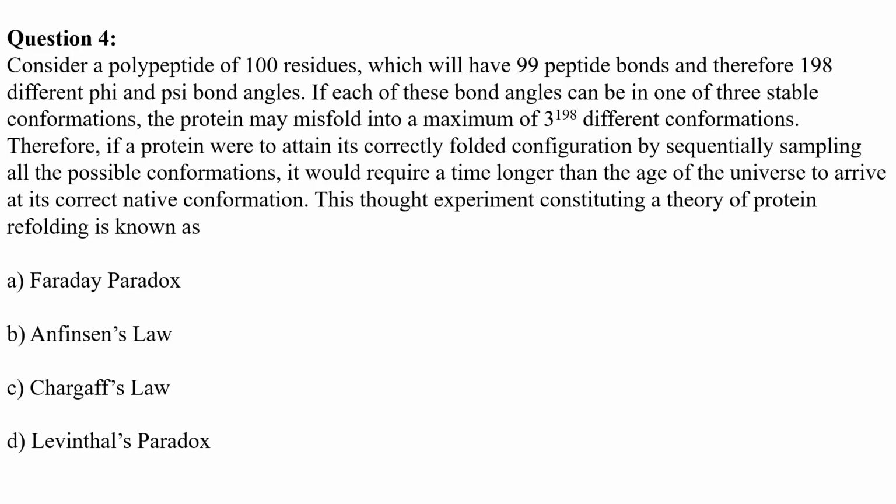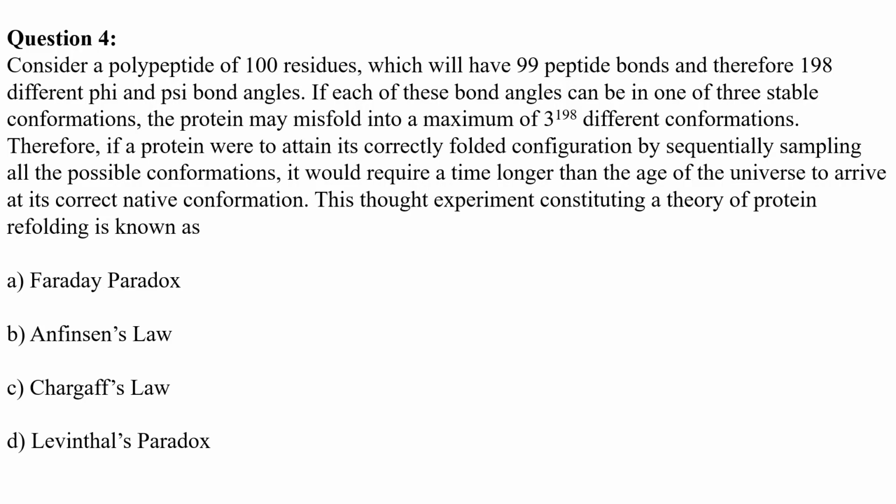If that was the case, the protein would have taken a time longer than the age of the universe to fold, because if each bond angle has to undergo 3 different conformations to see which one is the most stable one, it will have to go through all the 3 raised to the power of 198 different conformations. But that doesn't happen with the protein, right?